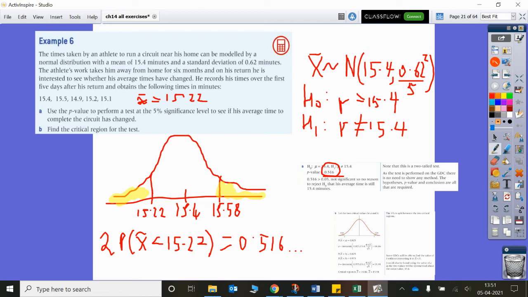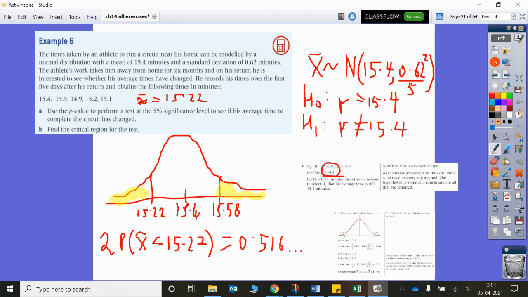So the critical region is now going to be to say, well, we're looking for the region where we're trapping 5% here and here. So we're looking for those critical values which we don't want to have gone past if we're still going to accept H0. Now, if we find out that this value is in the critical region, then we can say that the alternative hypothesis is accepted.